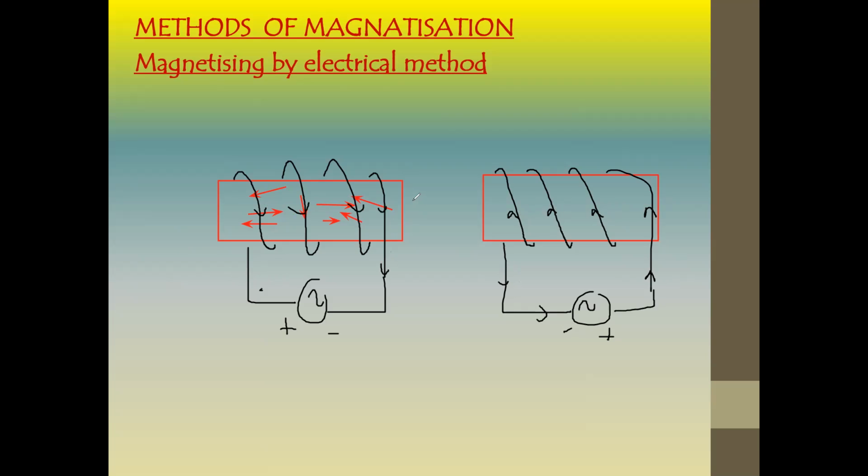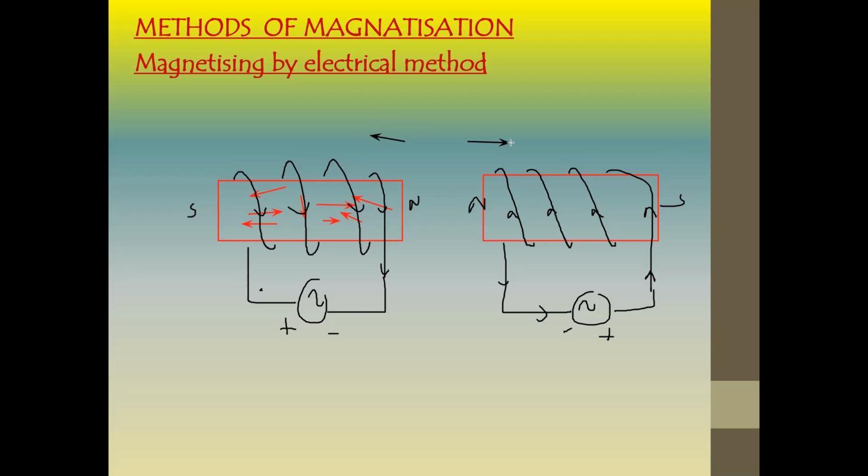First this side will be north, the other side will be south. Next moment this side will be south, the other north. So if this is a domain, this domain will continuously vibrate because the current is changing, so the direction of the domains is also changing. As the direction is changing many times, the domains will not get a chance to align or be arranged.